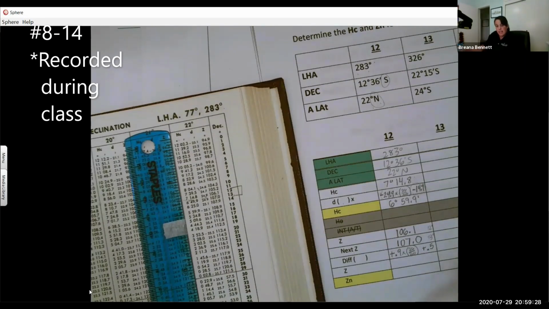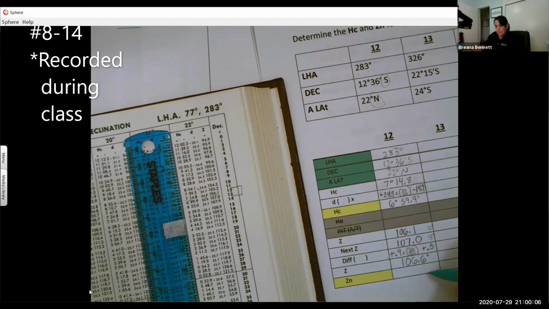Now I'm going to apply that correction to my base, to 12, because I'm 12:36. So I have 106.1 plus my correction to give me 106.6 degrees. Does that make sense so far? We did another interpolation there.